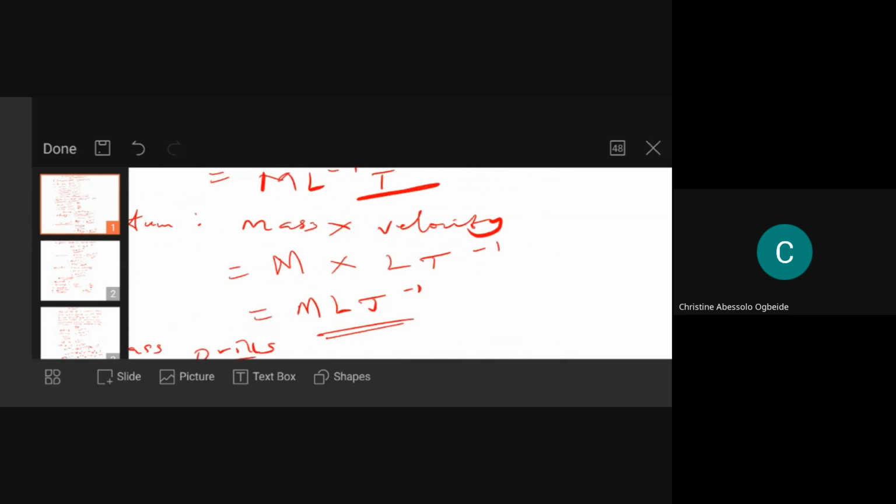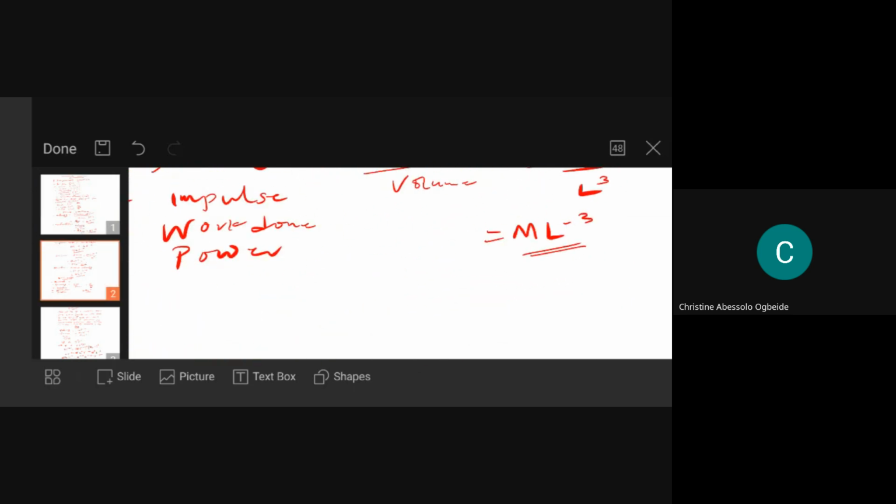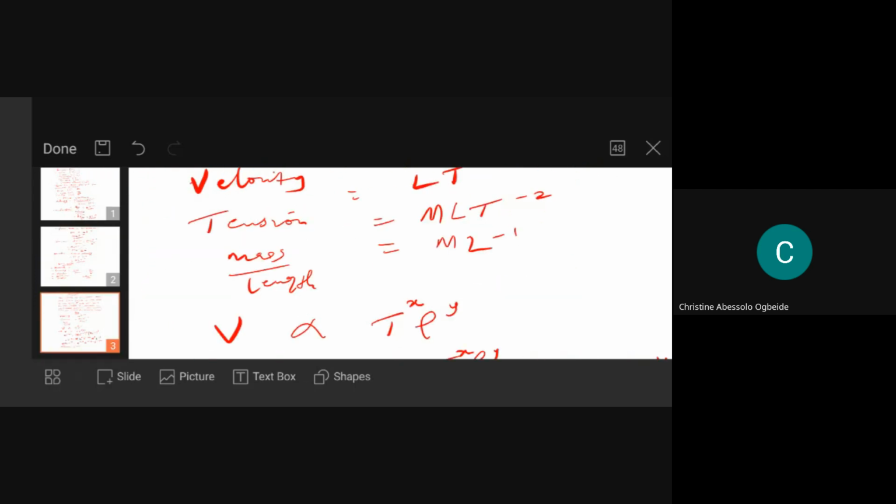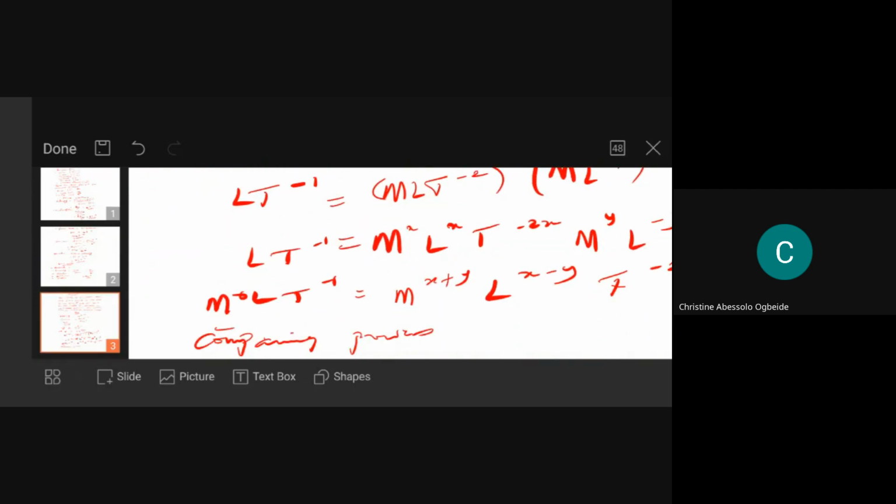The next one: if I compare the power for the L, I have that x minus y is equal to 1, because the power of L on the left, without a written power, is 1. You should know that.